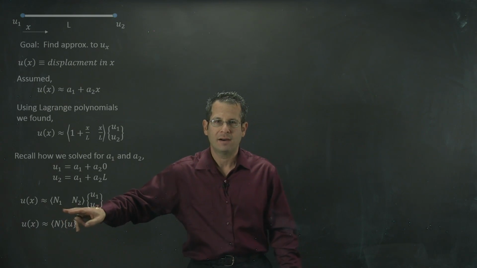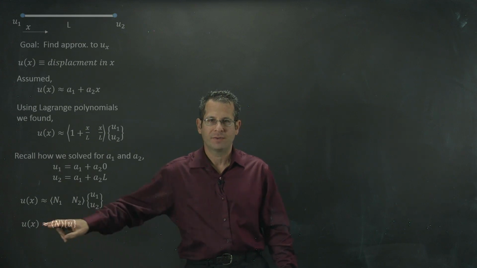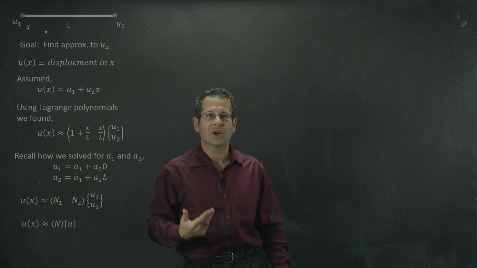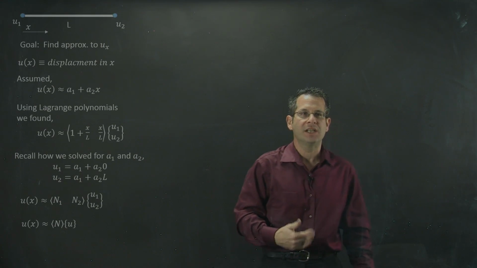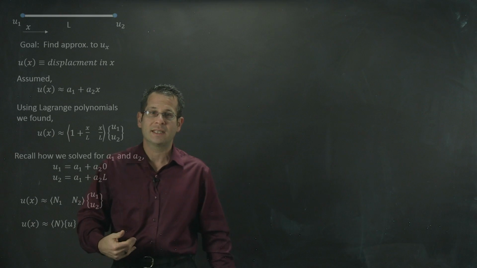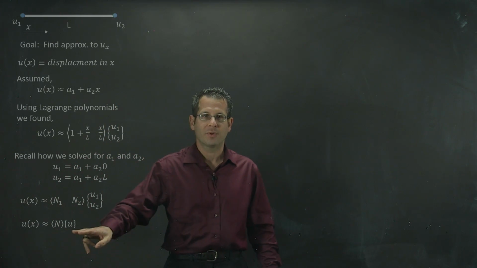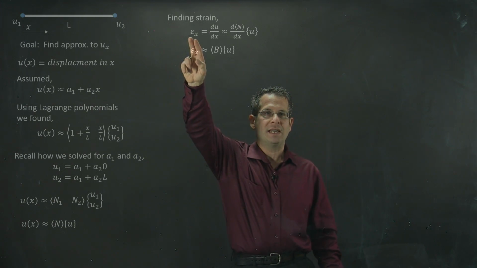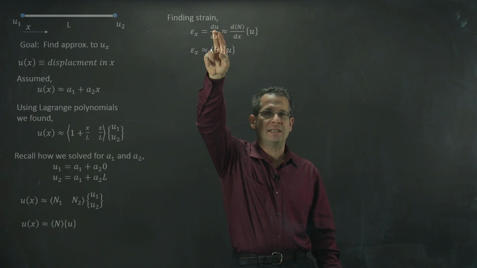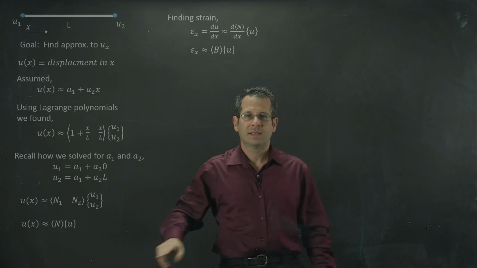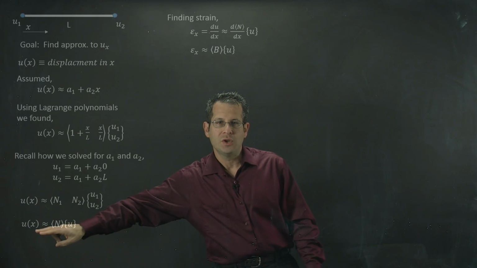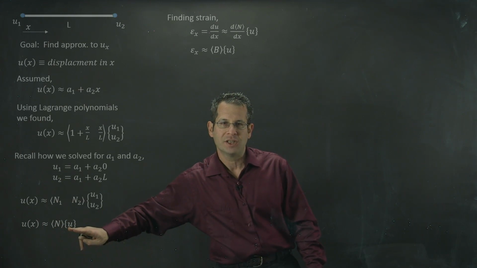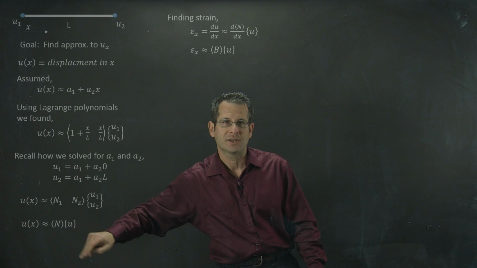Once I have this approximation for u as a function of x, my displacements along the length of the beam, I can start trying to find ways to express stress and strain using this approximation. To find strain, remember our strain in the x direction is defined as du/dx. Since u is written in this way, all my x dependence is within N, and all my information about my nodal displacements is in this vector u.